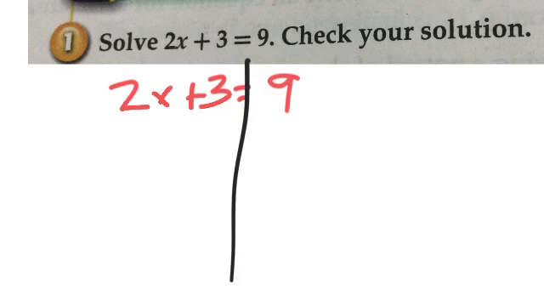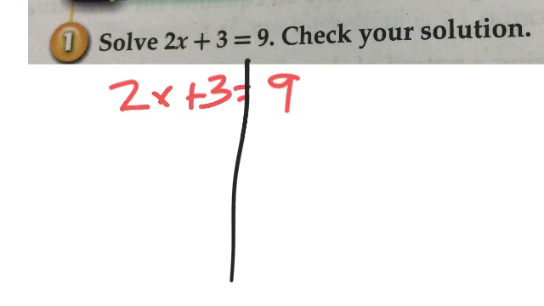To do it as easily as possible, we want to undo addition and subtraction first, and then undo multiplication and division secondly. The way I normally think about it, whatever number is farther away from the variable needs to be undone first. So in this case, the number farther away from the x is the adding 3.